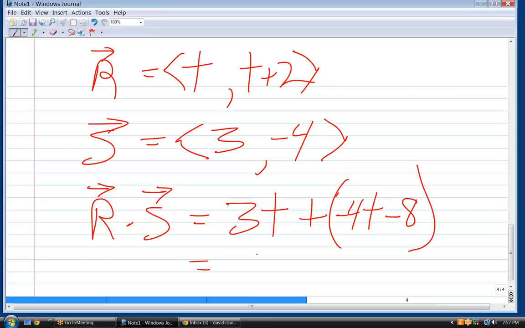So what does that give us? That gives us a minus T minus 8. That has to be 0. What does T have to be? 8? No? Or negative 8? Negative 8.